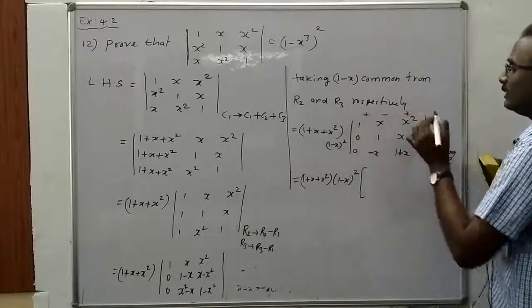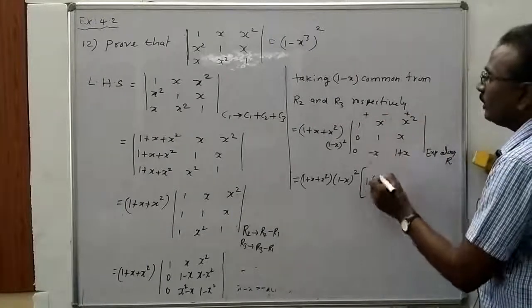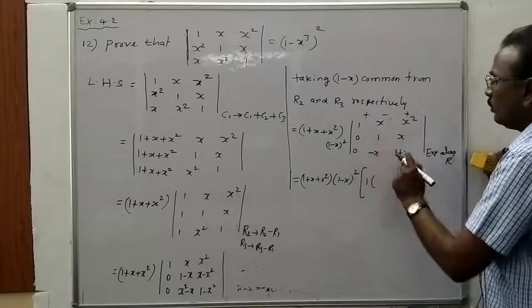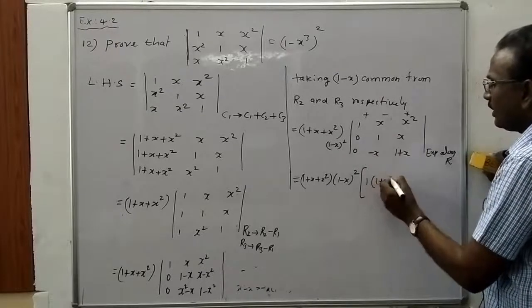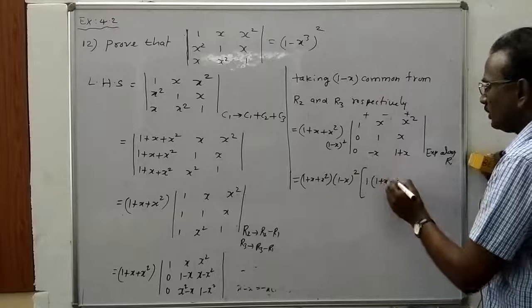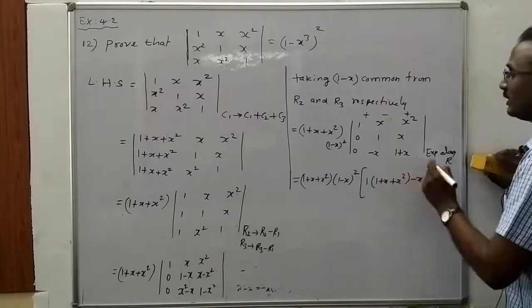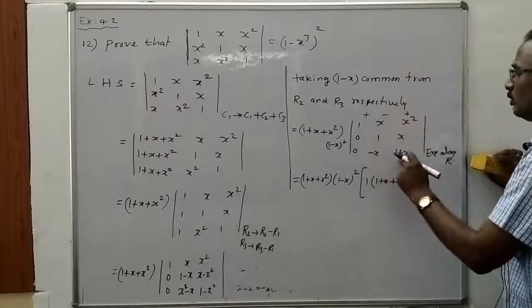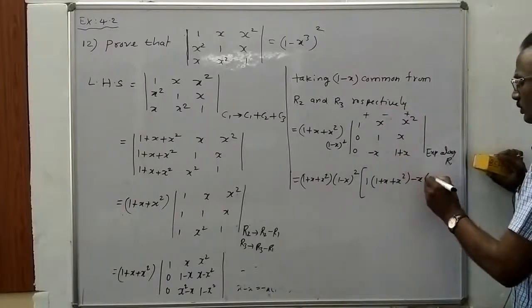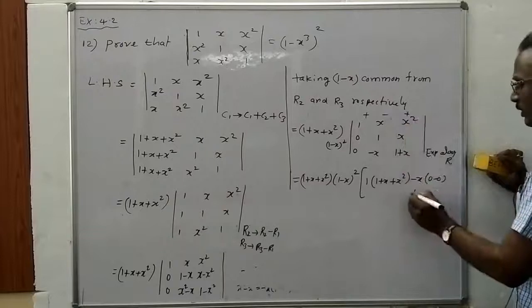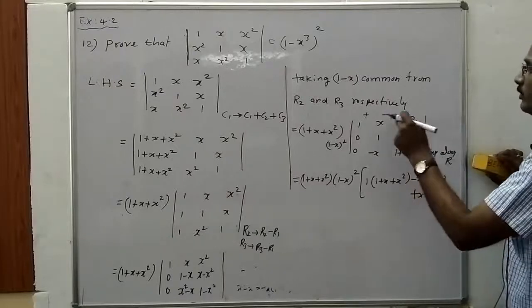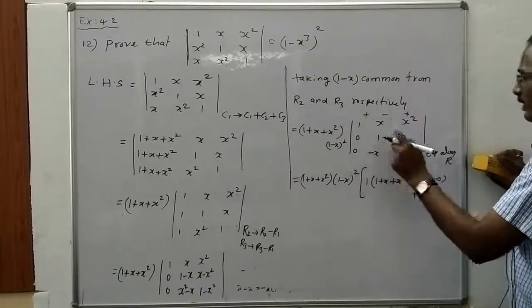Plus minus plus, that is 1 into, delete first row and first column, 1 into (1 plus x) is 1 plus x, minus of minus x square, that is x square, minus x into delete first row and second column, 0 minus 0, so 0 minus 0, plus x square into delete first row and third column, 0 minus 0.